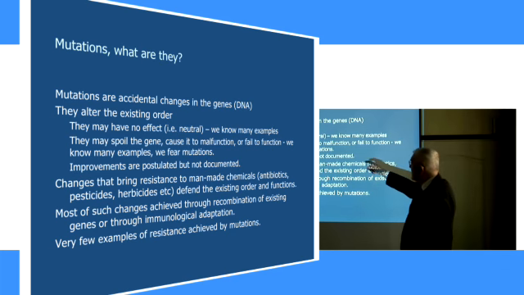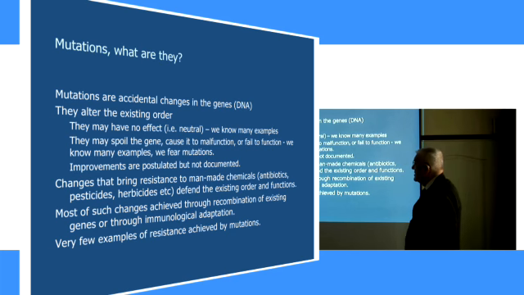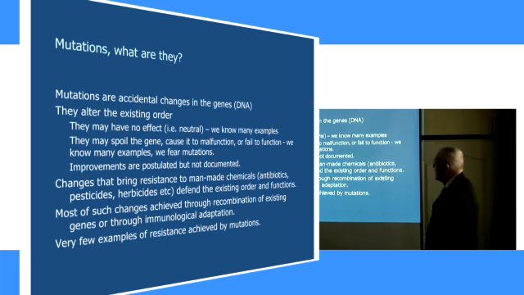Improvements are postulated but not documented. And it is suggested that changes that bring resistance to man-made chemicals, such as antibiotics, pesticides, herbicides, that these changes are examples of positive mutations.